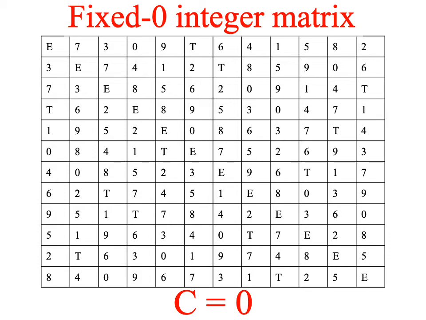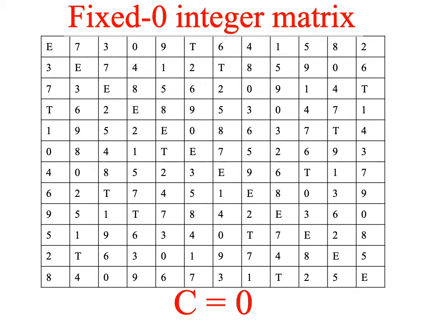So I can know a little bit more information from the numbers with a fixed 0 integer matrix. Like for instance, if I look at this matrix and I look at the very bottom row and I look at the second to last note, since it's a 5, I know that that's an F because 5 is always F in fixed 0.